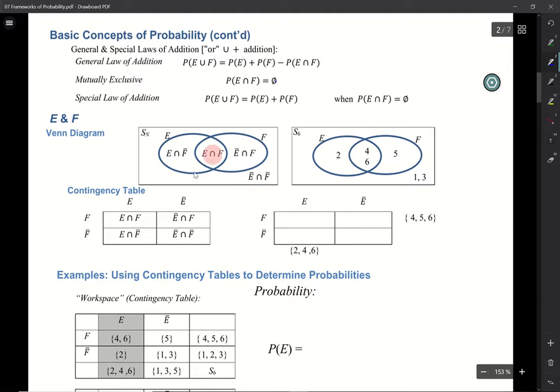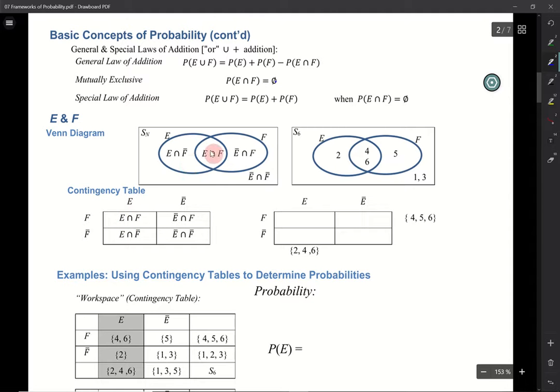Similarly for F, which is this row, it's kind of like this circle or elliptical closed set here, right? Where again, F has the intersection, right?